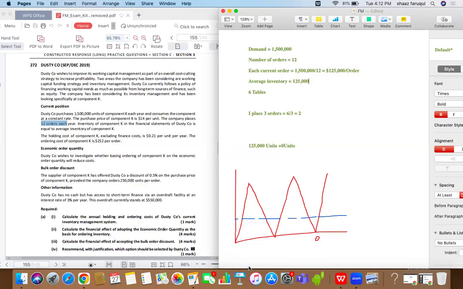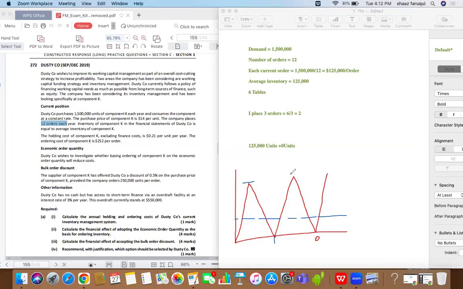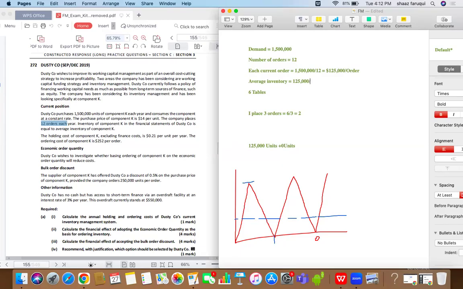What are the 2 readings? At one time I'll have 1,25,000, at one time I have 0. So the average inventory is 1,25,000 divided by 2, which is 62,500 units. And the question clearly says that there is a holding cost.